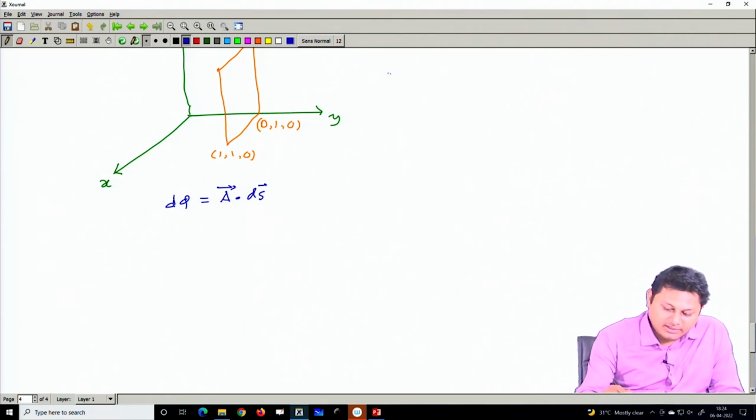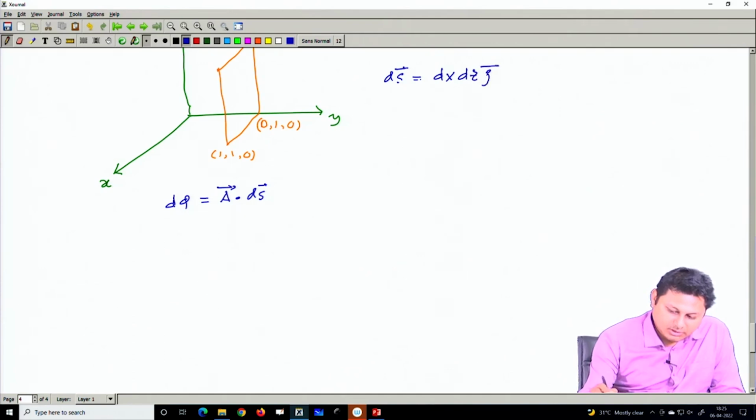Here ds is dx dz in the direction of j, because j is the unit vector along the direction of the surface.